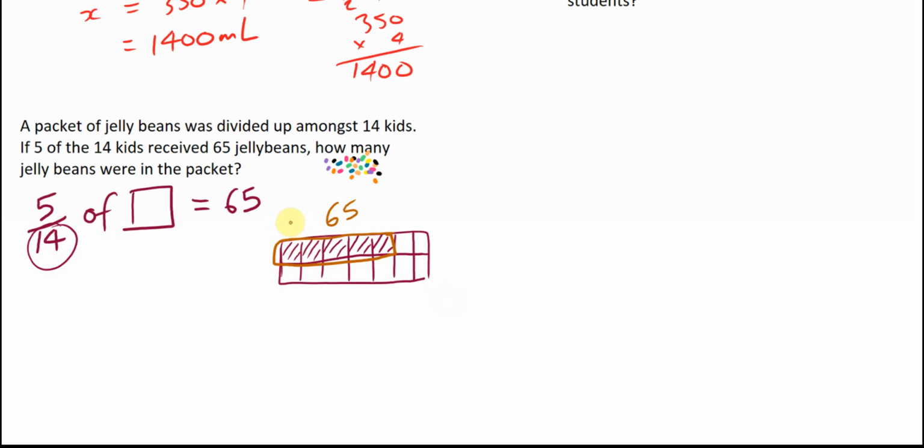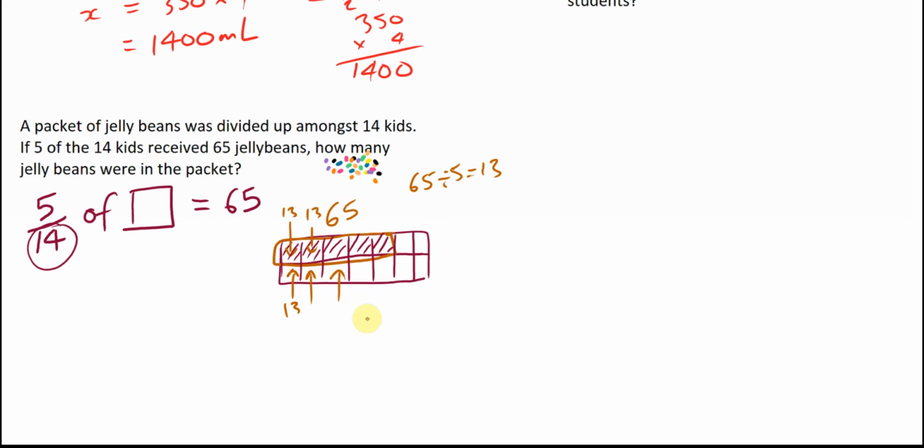So each individual 14th would be 65 divided by 5. Okay, so 65 divided by 5 is equal to 13. So each 14th is worth 13, which means all of these are also worth 13.